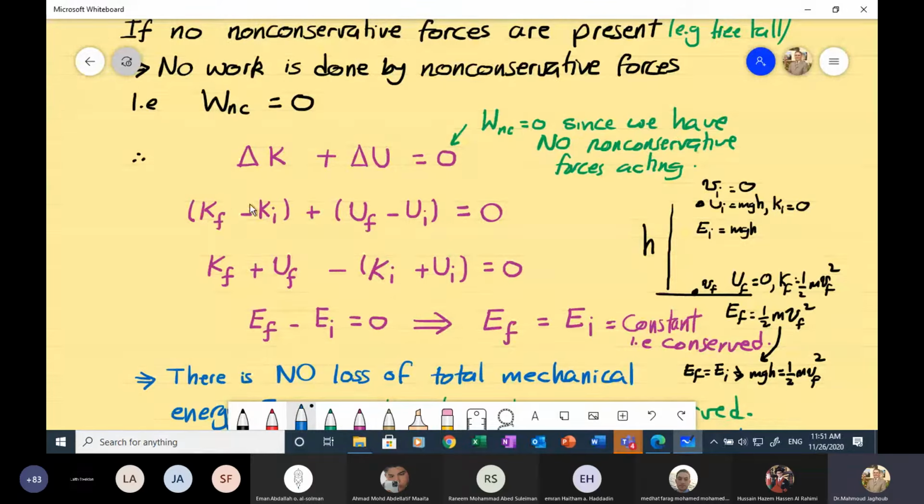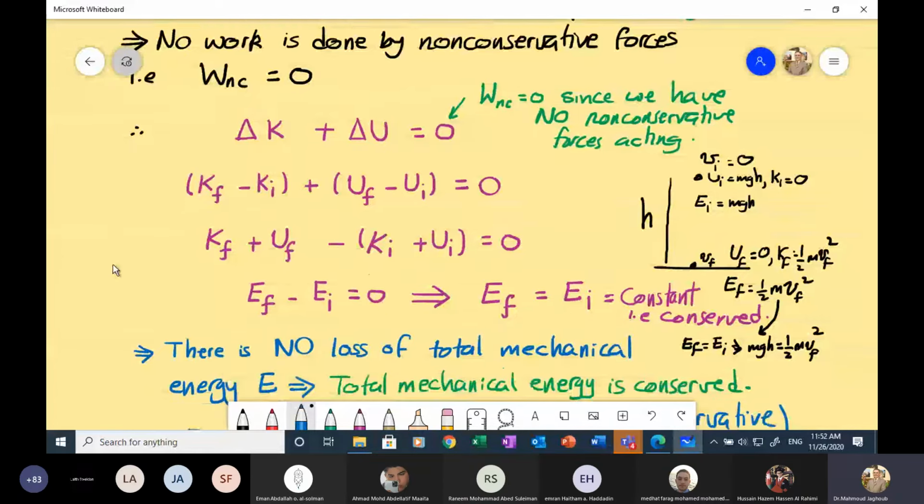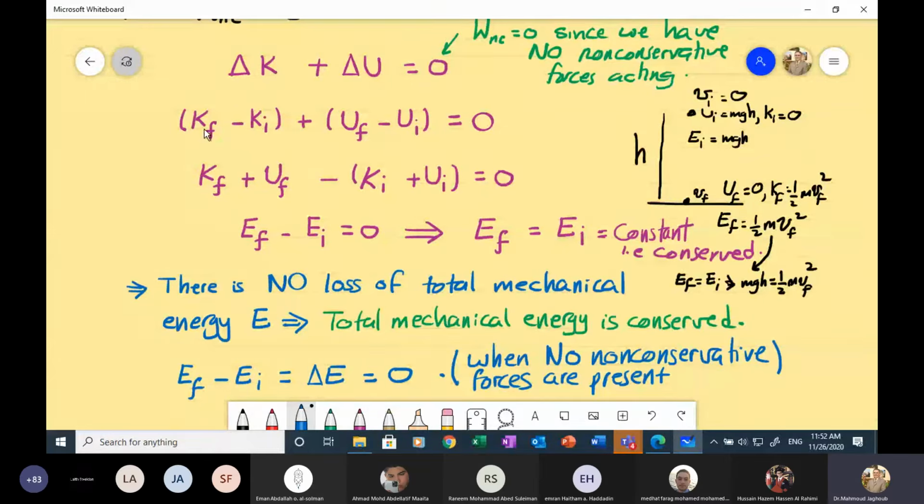Final kinetic energy minus initial kinetic energy gives delta K. Final potential energy minus initial potential energy gives delta U. And that all equals zero when W non-conservative equals zero. So put final together and initial together, you get K final plus U final together, minus K initial and U initial.